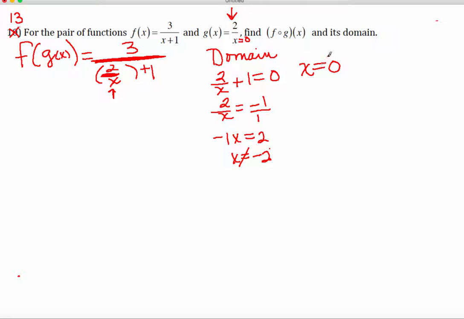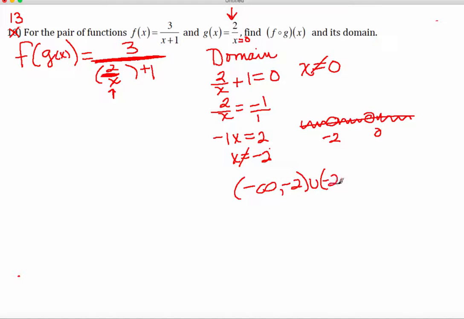There's nothing to calculate, and x cannot equal 0. So your final domain is that you can't have negative 2 and you can't have 0. And so we'll put open circles on our number line, shade everywhere else. And our final domain goes from negative infinity up to negative 2, unioned with negative 2 to 0, unioned with 0 to infinity.